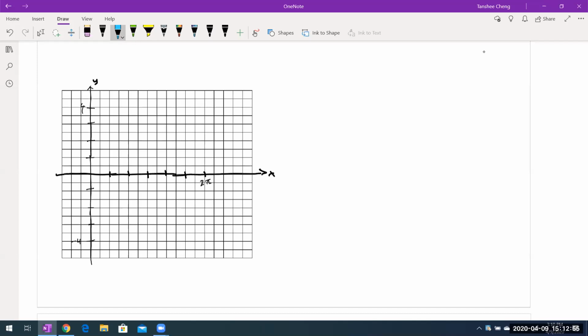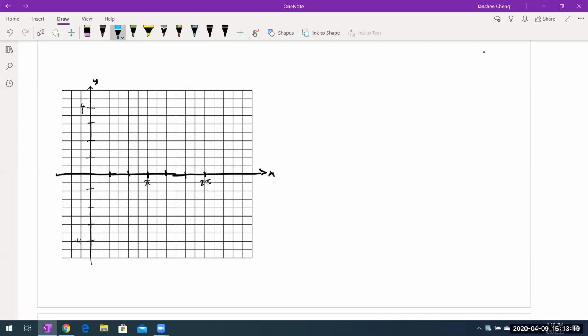Pi over 2 pi. Here's half. That's my pi. Let me put a note right here. That's my pi. Okay? So 3 pi over 2 is right here, half of it.